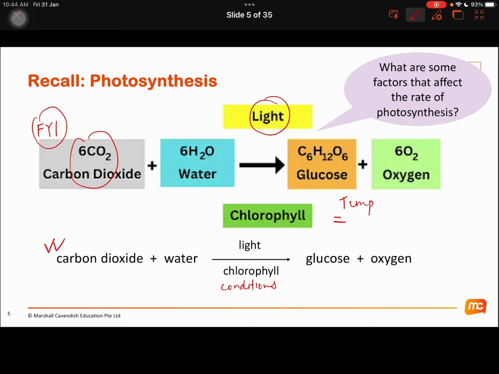It's because photosynthesis is a chemical reaction that involves enzymes, right? In biology, we are always making links across the different chapters, and when temperature comes up, immediately enzymes should come to your mind.